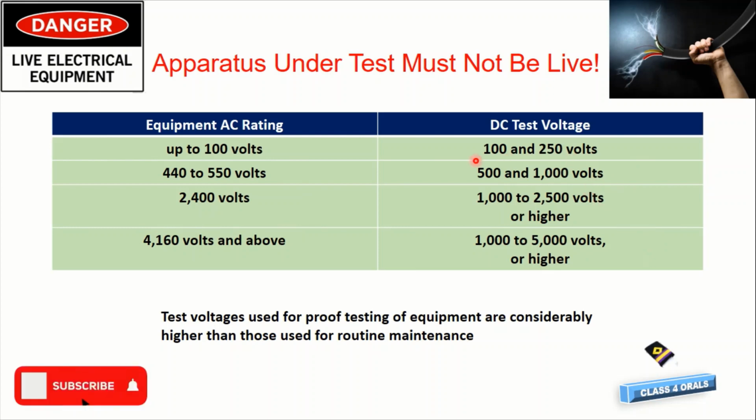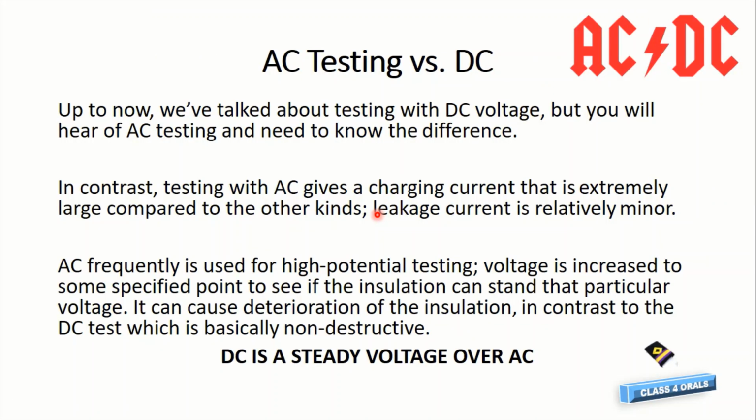This range we normally use on board ship, because our ship systems are 440 volts, and our DC test voltage lies between 500 volts and 1000 volts. Also, the test voltage for proof testing of equipment is considerably higher than that used for routine maintenance. So this value is always higher than the AC rating.